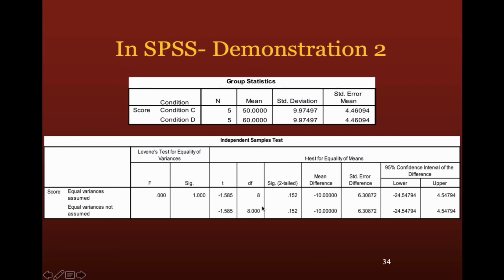What you really want to look at is this next table here. This is where you're going to look to see if you have a statistically significant result. So what you would do here, this Levene's test for equality of variance, is basically testing to make sure that the variability around your means are not significantly different from each other.